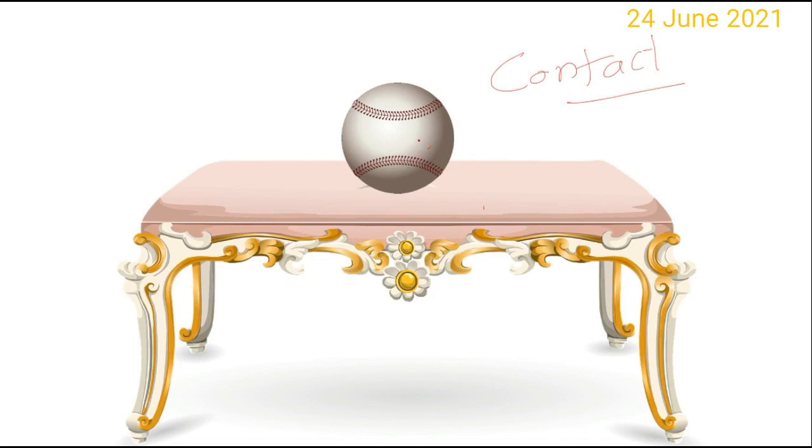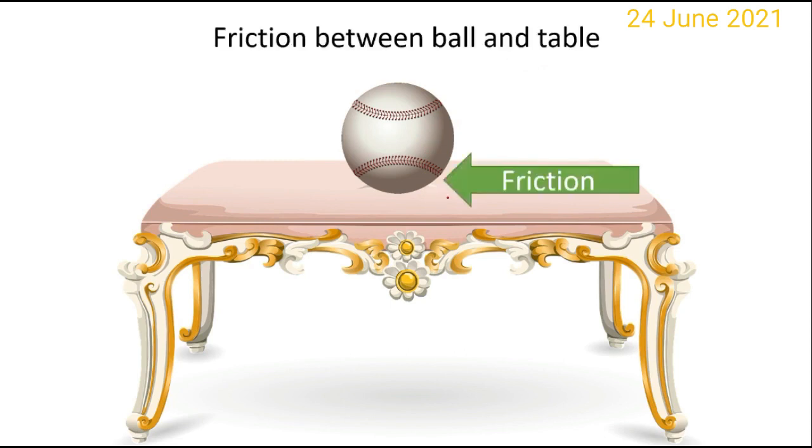And whenever there is a contact between the two surfaces, there exists friction. So we can say here, there is a friction between the surface of table as well as ball, right? Suppose if the ball is moving in this direction, then the direction of the friction force is in this direction as shown in the figure.